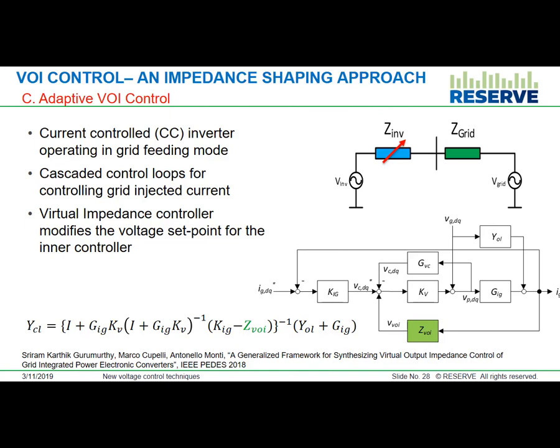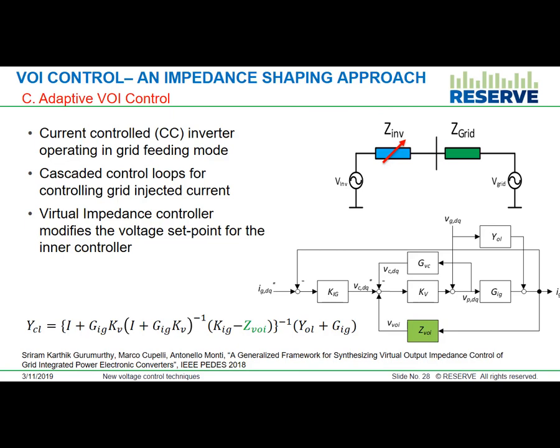The one you see in black here is the typical way inverters are controlled, by using the classical cascaded control loops. So you have an outer current control and an inner voltage control. For a PV inverter, you want to control the current that you're injecting into the grid, and this current reference would probably come from a maximum power point tracker.